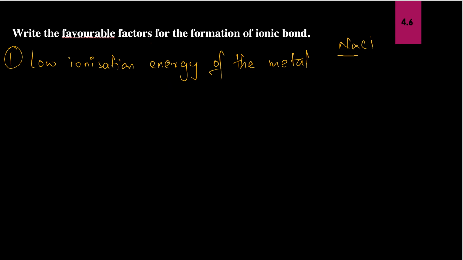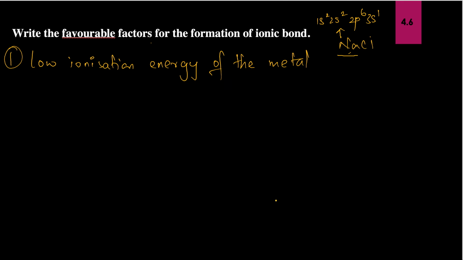Low ionization energy means it should be easier for us to pull an electron from the valence orbital of that metal. In case of sodium, the electronic configuration is 1s2, 2s2, 2p6 and 3s1.